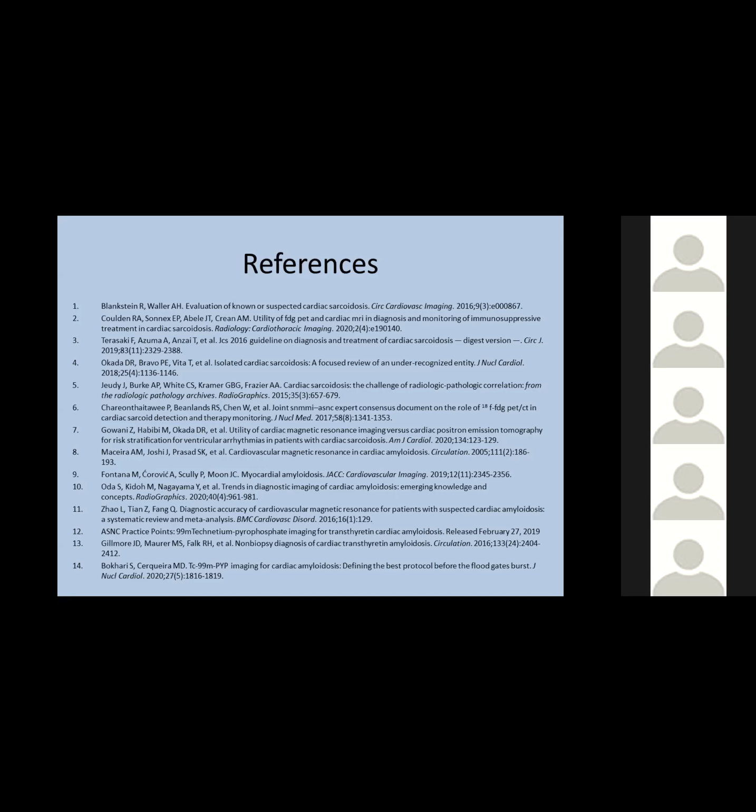So I just wonder about switching your algorithm around to going directly to PYPs before CMR. And what do you do with the PYP that's equivocal? It drives me crazy, because when equivocal, does that mean they could have it? So those 3: CMR or MRI with a device, how accurate is it for picking up sarcoid? The 2 is the algorithm, the 3 is the equivocal scan.